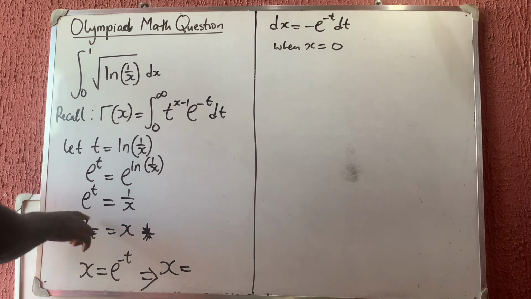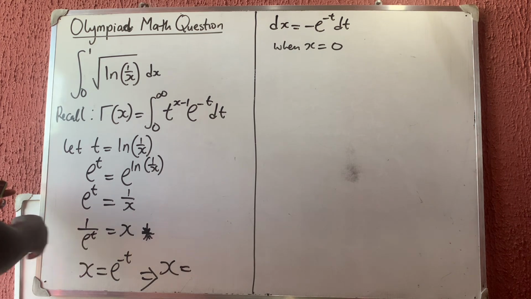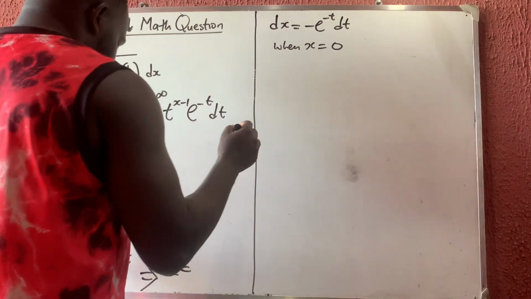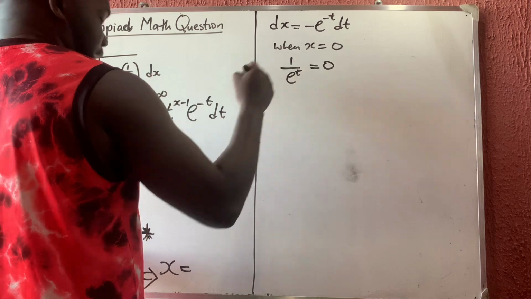What do you do here so that you can get 0? When x is 0, we have that 1 over e raised to power t is equal to 0, right?